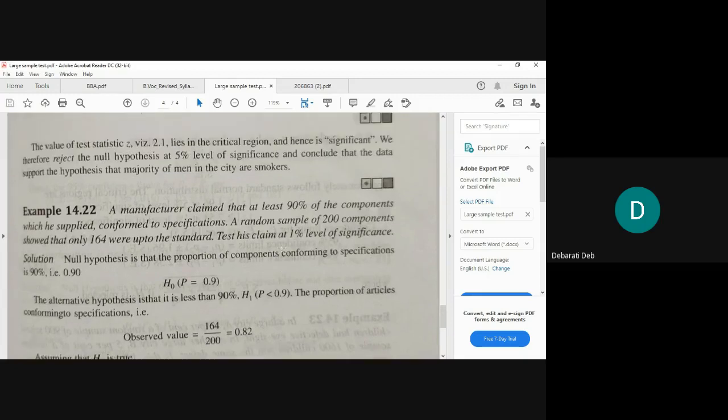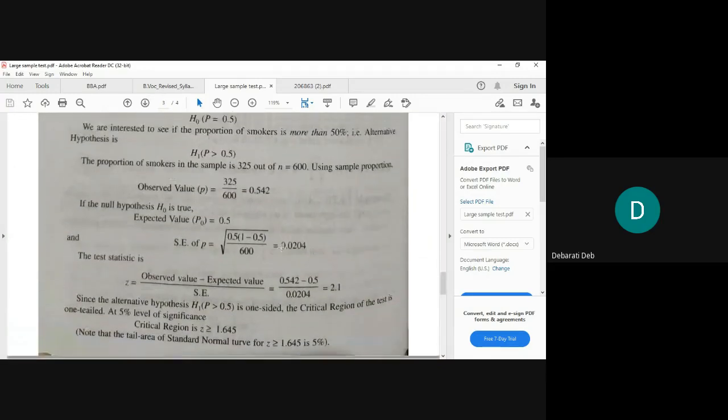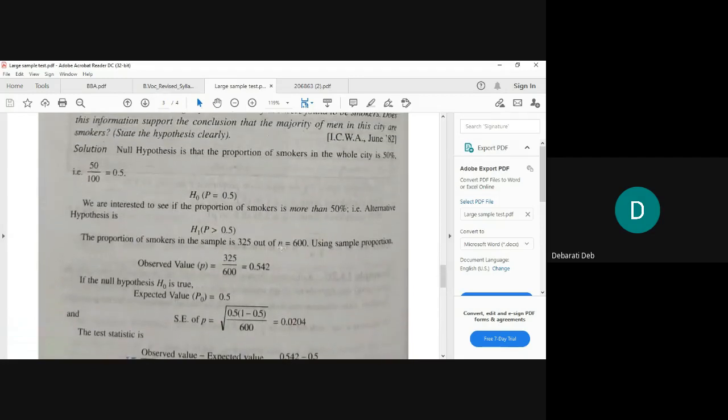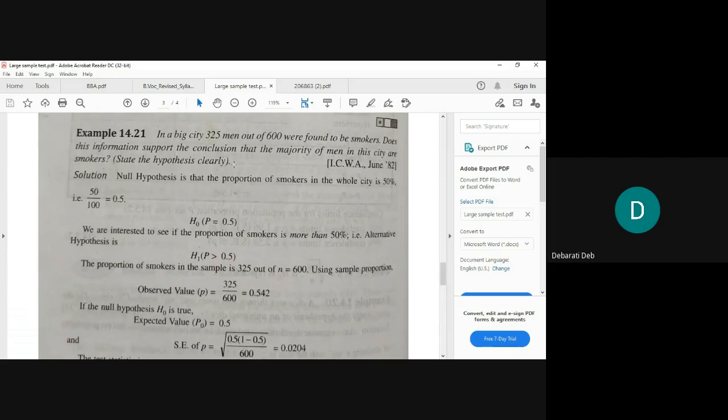Now, for a clearer concept, see the last sum that we did yesterday. It was that the majority of the men in the city are smokers. Once we equated the null hypothesis, we wrote it as 50%. Now we could have taken less than 50% also. Why not?